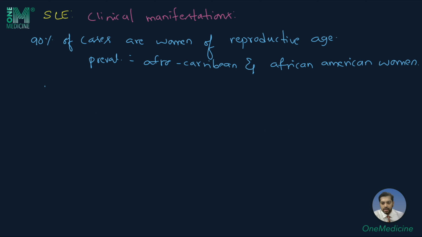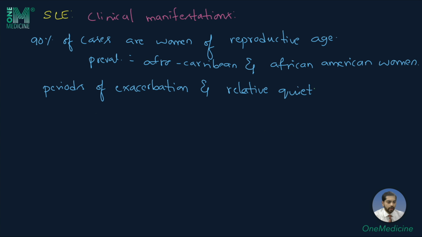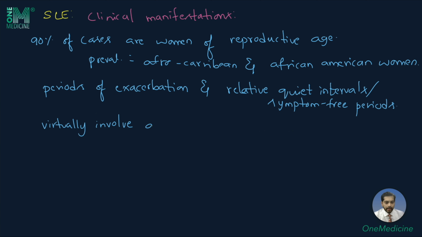The disease is characterized by periods of exacerbation and relative quiet intervals or symptom-free intervals, and can virtually involve any organ system.